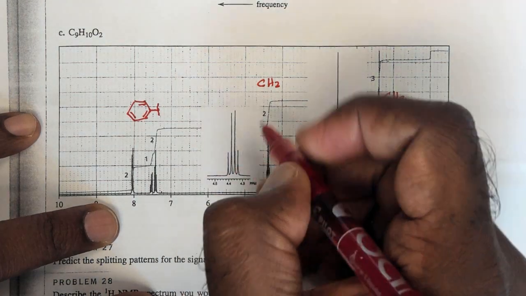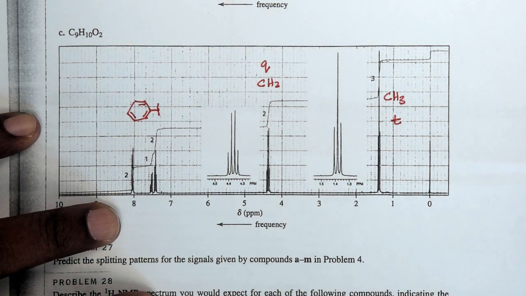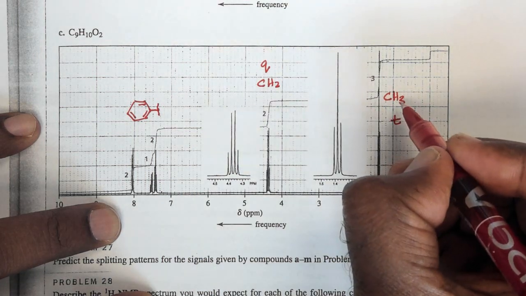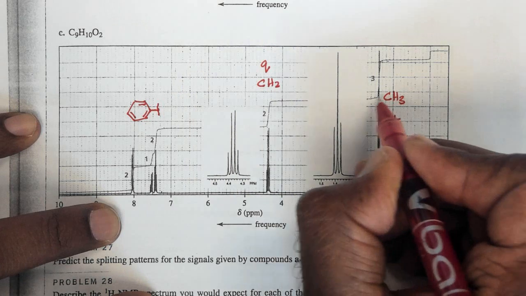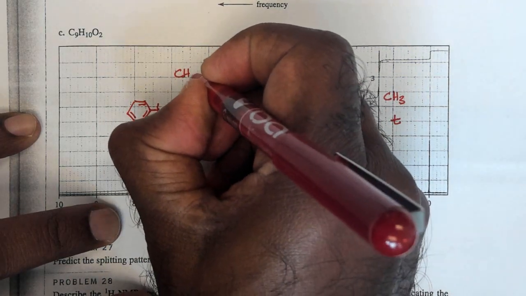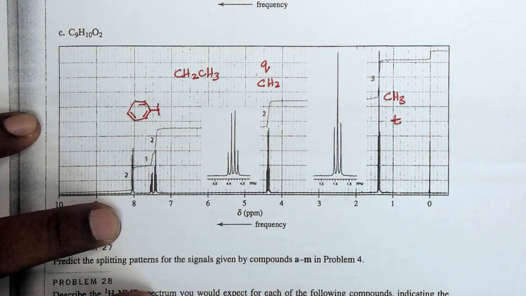It's a quartet, which means it must be next to a CH3. So in order to get a quartet, something must be next to a CH3. To be a triplet, something must be next to a CH2, which means these two must be next to each other. So the CH2 and the CH3 must be next to each other.